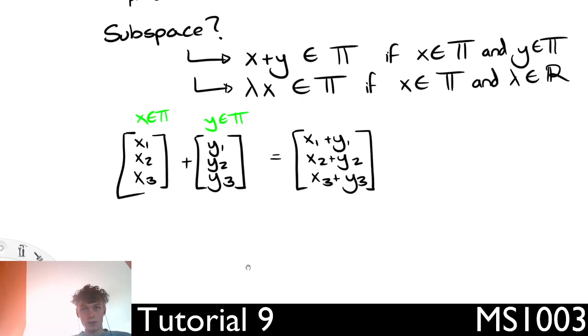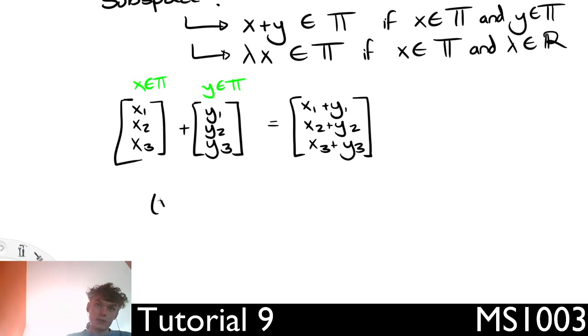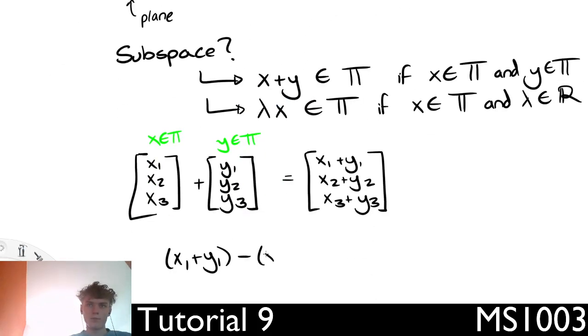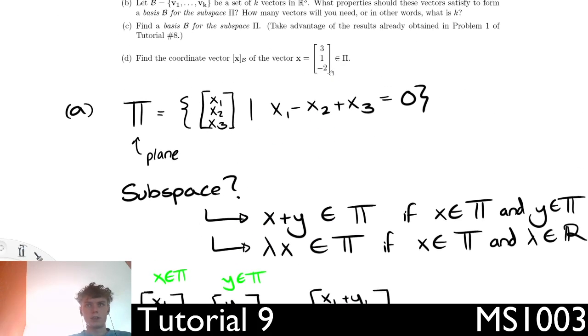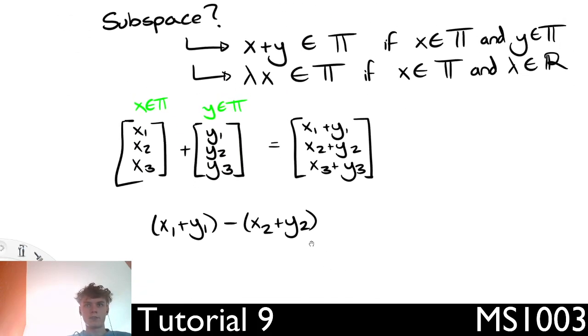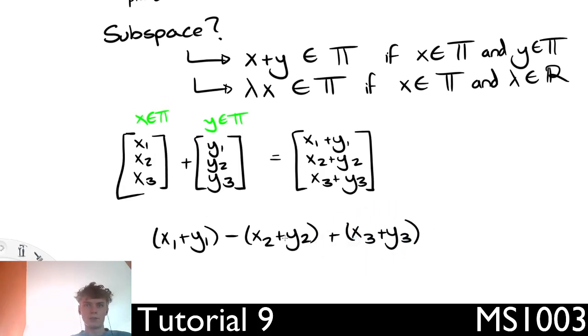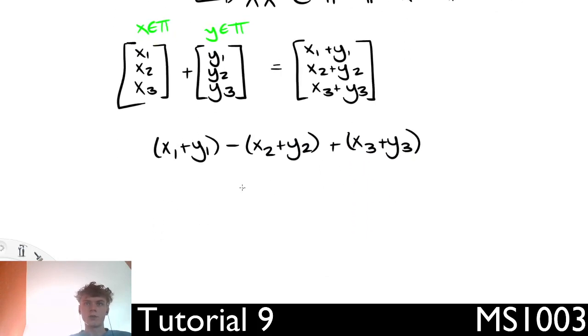So if I take x1 plus y1, which would be our x1 coordinate, I take away the x2 coordinate, so minus x2 plus y2. And finally, I take the x3 coordinate, x3 plus y3. And I want to make sure that this is 0. I don't know that it's 0 just yet, but hopefully we can show this.